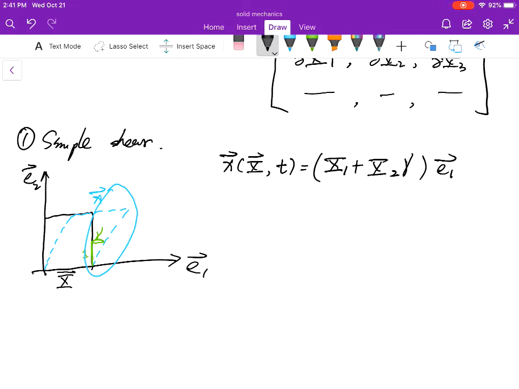And along the E2 direction nothing changes, so it remains the same like this.